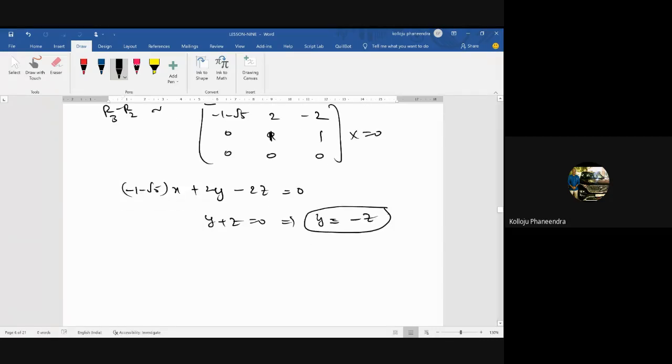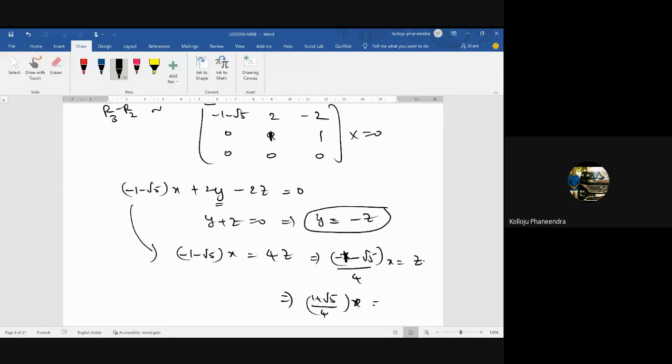Okay. And next coming to this, minus 1 minus root 5 into x equal to, if I put y equal to minus z, minus 2z, minus 2z, 4z will be there. So what I'm getting, let us write for this one: minus 1 minus root 5 by 4 into x equal to z, and 1 plus root 5 by 4 into x equal to minus z.